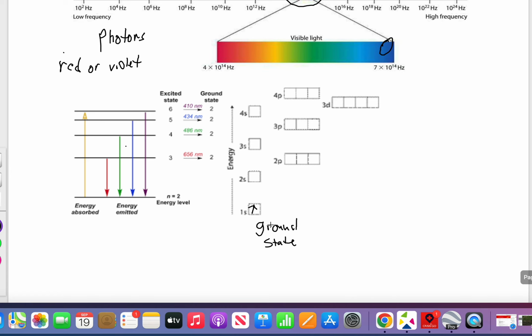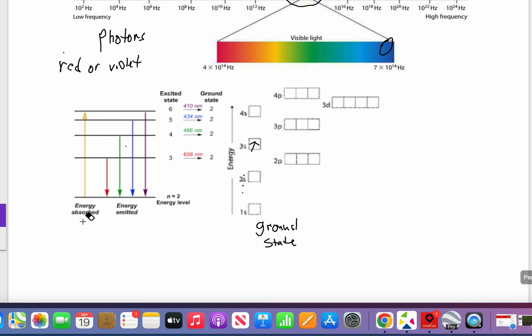So let's say we make it go from the first energy level and it jumps up somewhere in the third. It doesn't matter, 3s, 3p. Okay, so it's somewhere up there in the third. So now it's in what's called the excited state. I'm going to get rid of it here because it's no longer down here in the first.